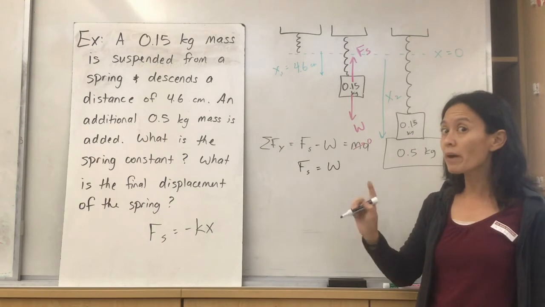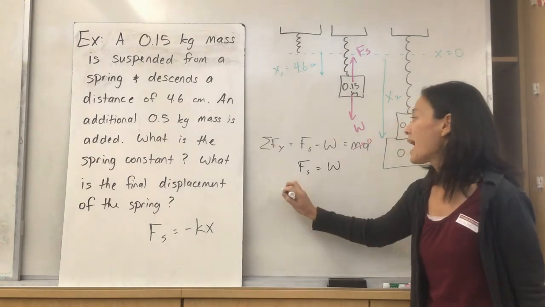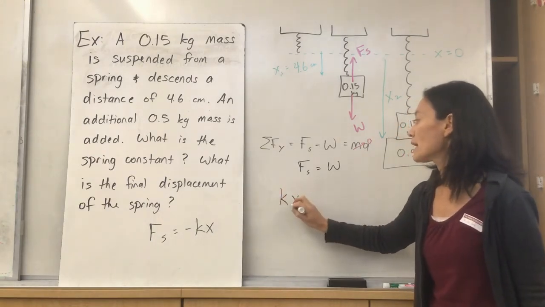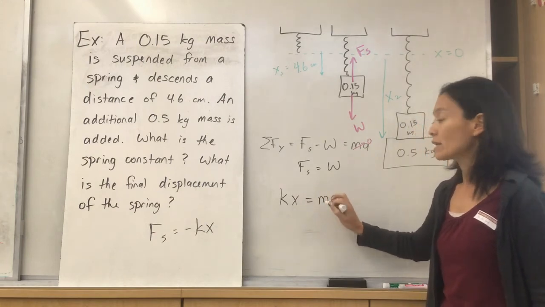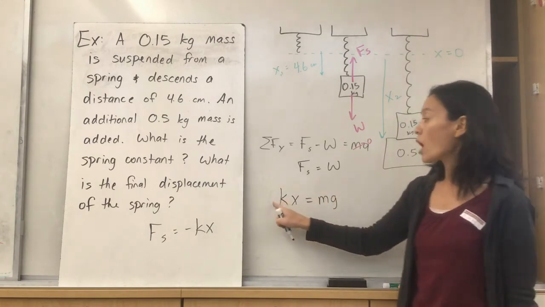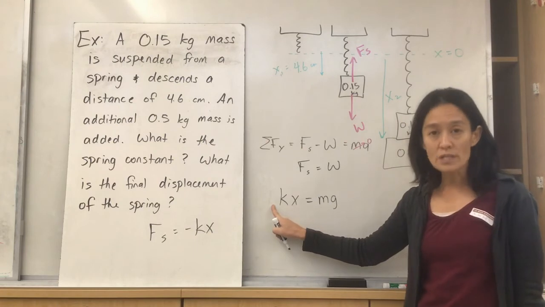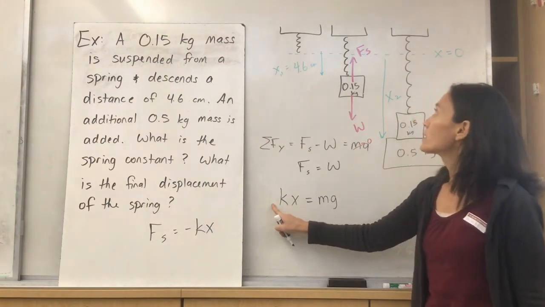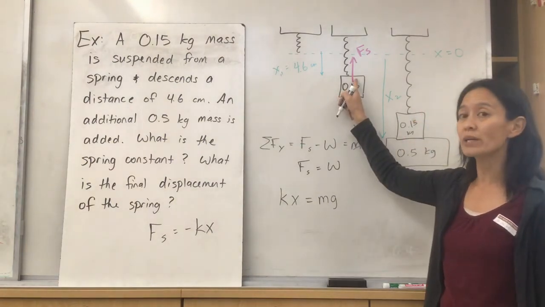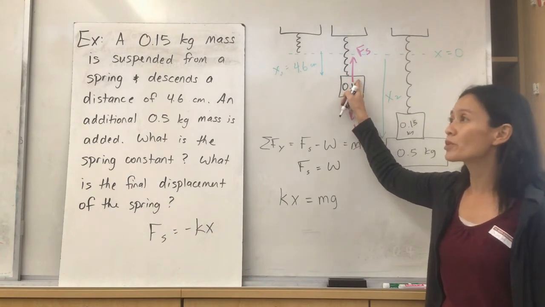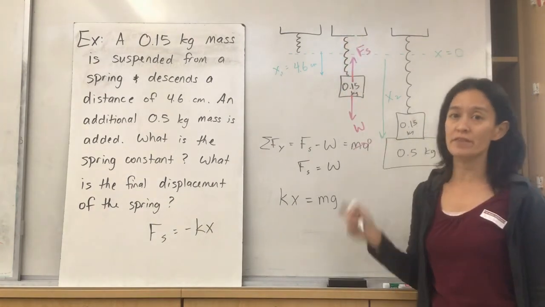When I plug in my mathematical model, I'm just going to put kx. Again, let me reiterate: I do not put a negative here. The reason is that I have taken that negative into account when I drew my spring force in the opposite direction of the displacement.